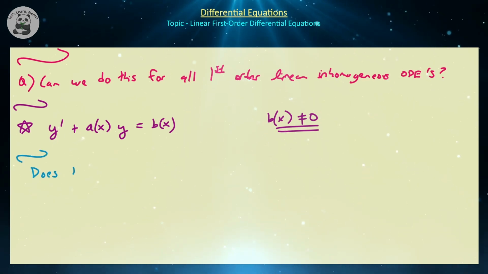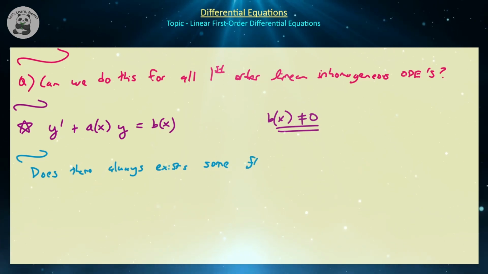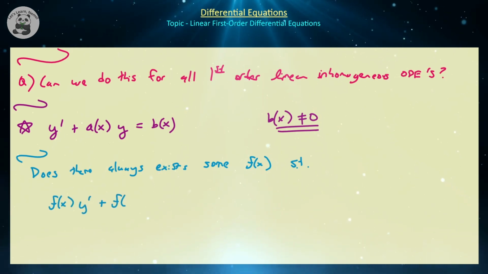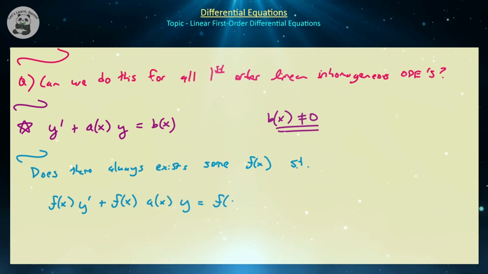So does there always exist, we're going to be looking for some function f of x such that f(x) y prime plus f prime(x), let's actually write it as f(x) a(x) y is equal to f(x) b(x).